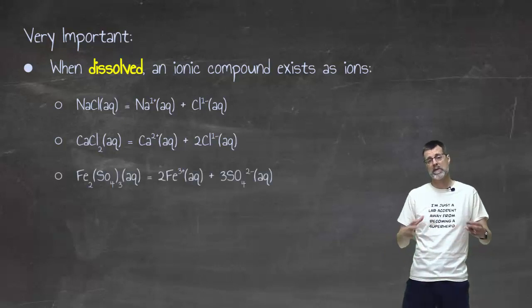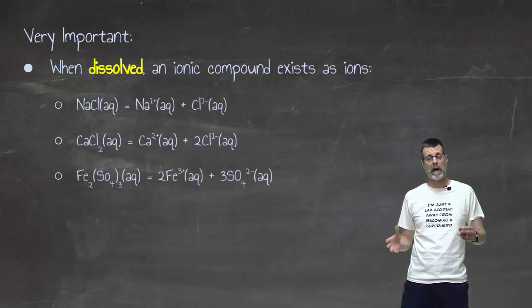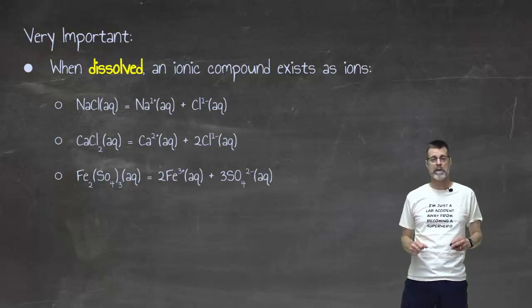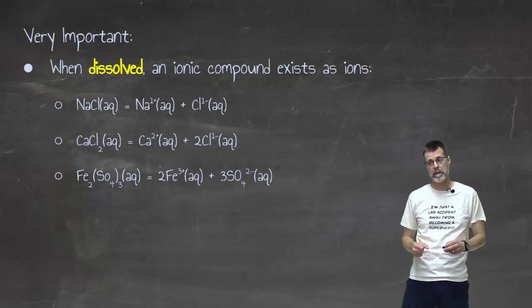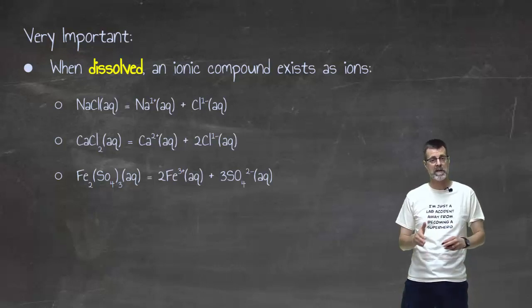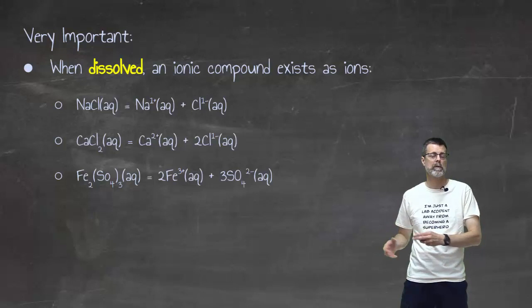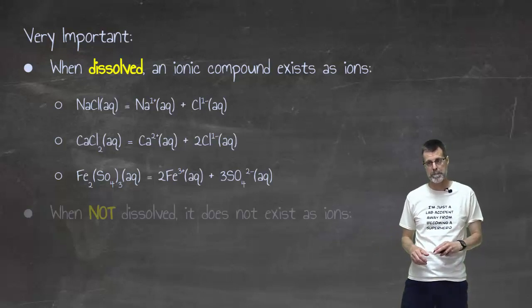If I had something really big and weird looking like iron(III) sulfate, Fe2(SO4)3, then, well, there's 2 ions of iron and there's 3 ions of sulfate. But you'll notice where the subscripts go, because of what they represent in the formula and how you would write that as individual ions.